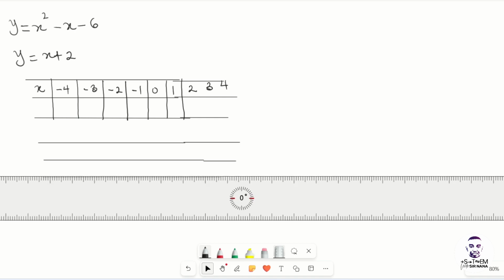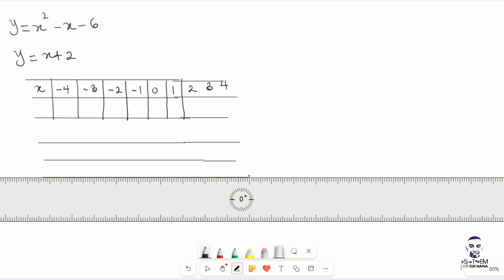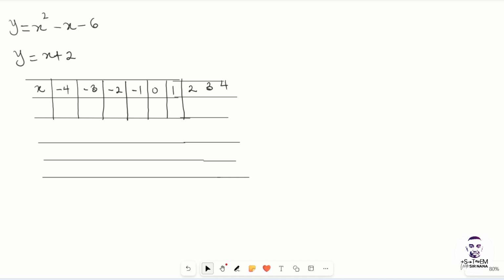You can as well be drawing your table using your jotter while we go through the process. So we have our 2, 3, and then 4. In this case, we will have our y, which is equal to x squared minus x minus 6. So that is the y for this side.